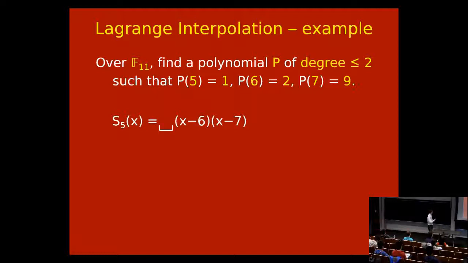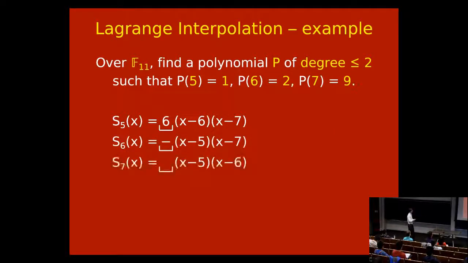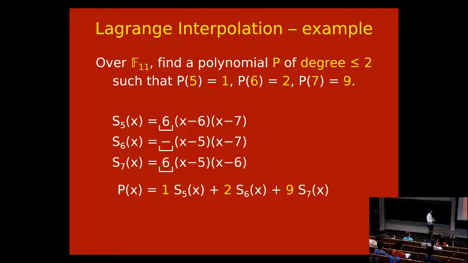First, I have to get the selector for 5. So I make this thing, which is 0 at 6 and 0 at 7. It maybe doesn't have the right value at 5, but then you plug in whatever that is and you get 6. Let me more or less skip it. But this is 1 at 5 and 0 elsewhere.